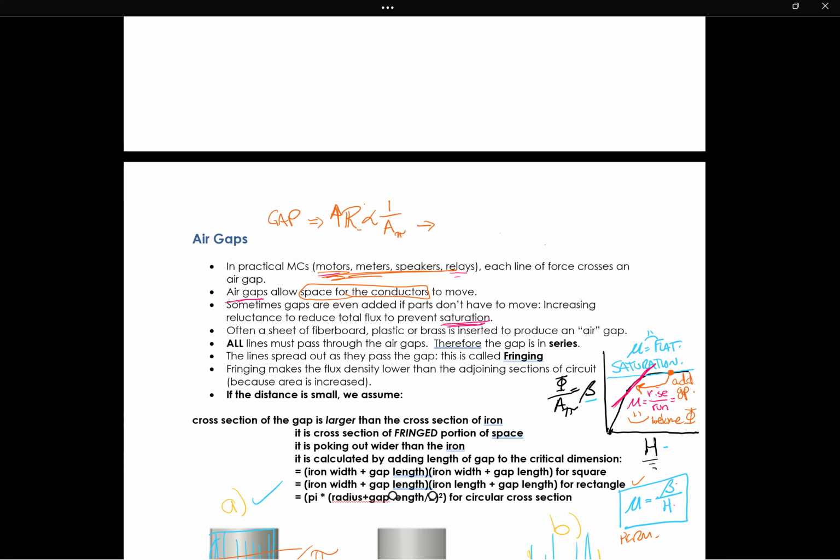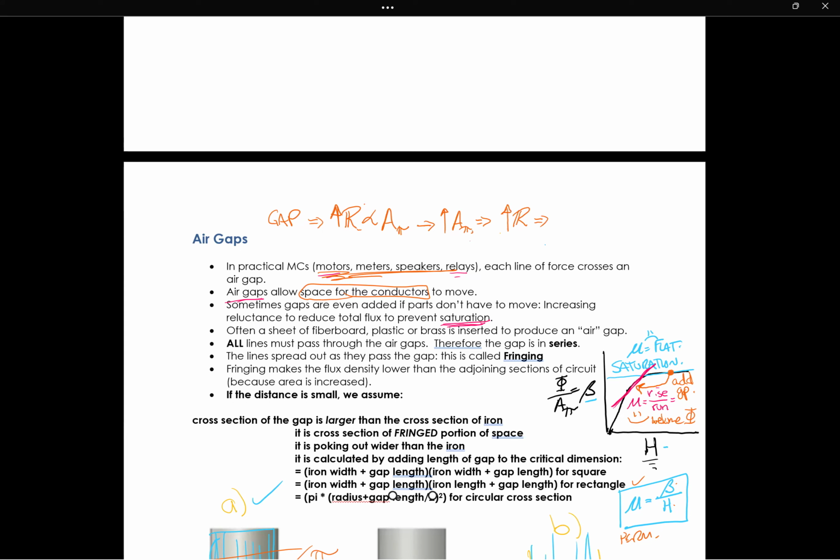Sorry, it must be a function of just area. And so if we increase the area, then we are going to increase the reluctance.